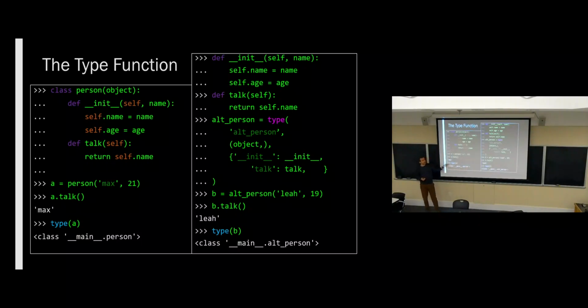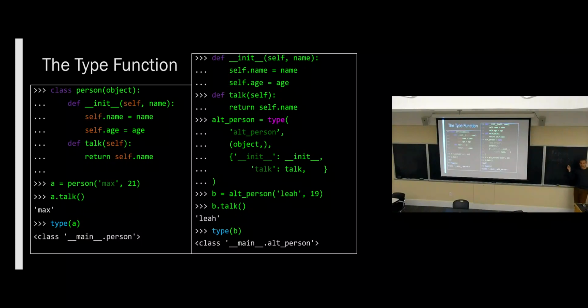But they don't have to agree. We could have inserted a line right here where we say capital P equals person. And then just like how we constructed an instance of person, we could construct an instance of P because they're the same thing. So we could have said A equals P.